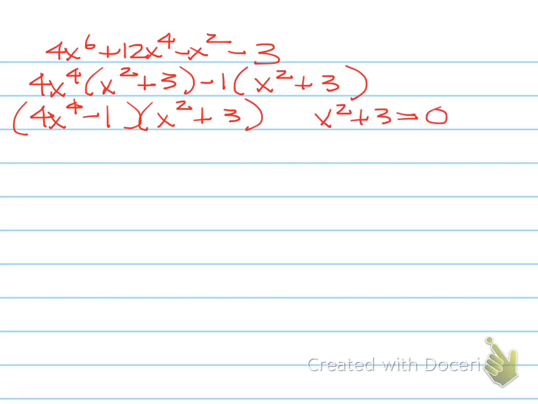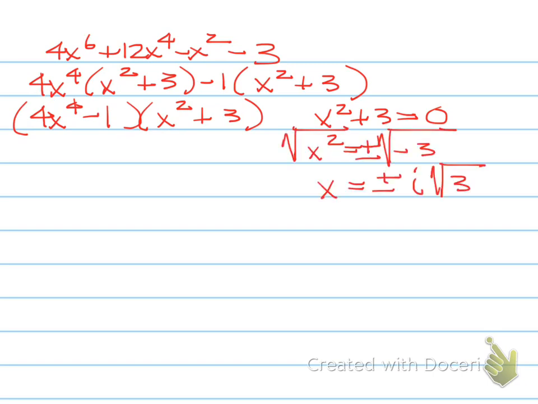All right, so starting with the x squared plus 3, set that equal to 0. And we get x equals plus and minus i root 3. Those are 2 more roots. And then take the 4x to the 4th minus 1. That's the difference of 2 squares, so we can factor that. Only thing that's going to give us 4x to the 4th is 2x squared times 2x squared.